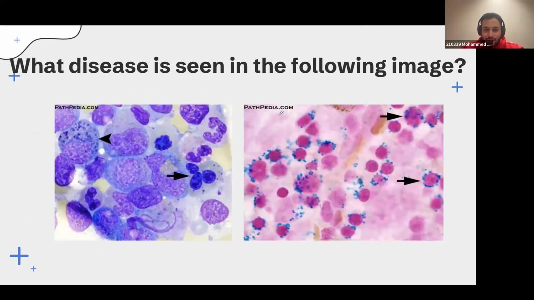Now, tell me what disease this is. So yes, this is myelodysplastic syndrome. Good. Now, myelodysplastic syndrome, can you guys tell me what's the blast percentage?